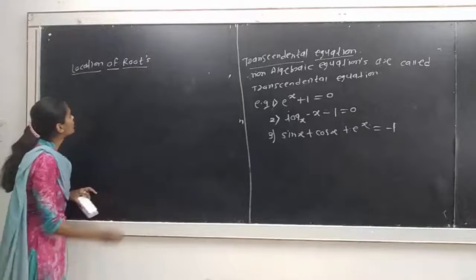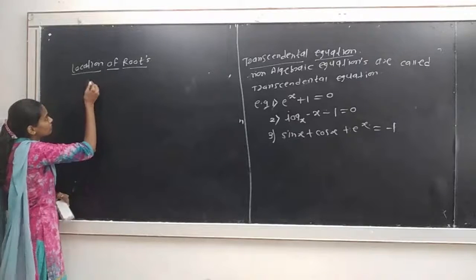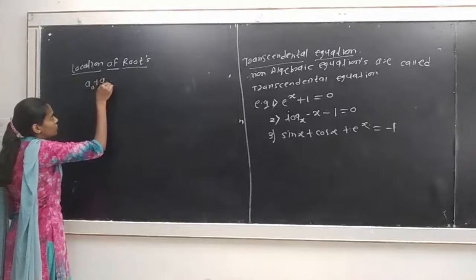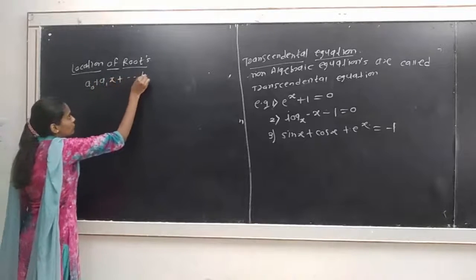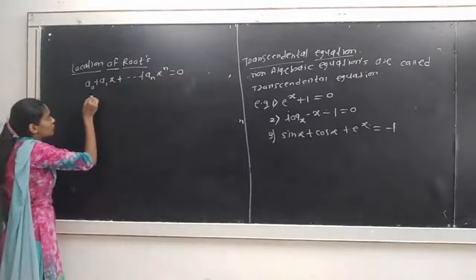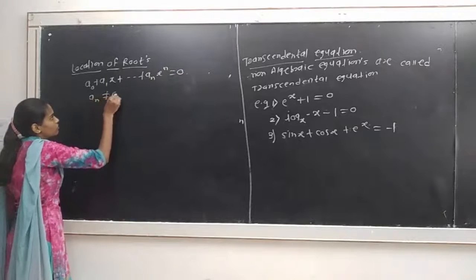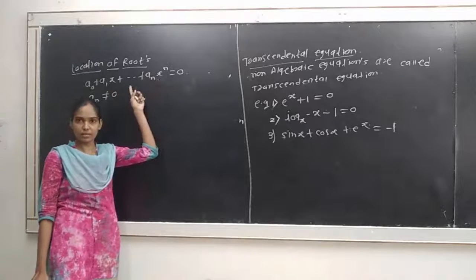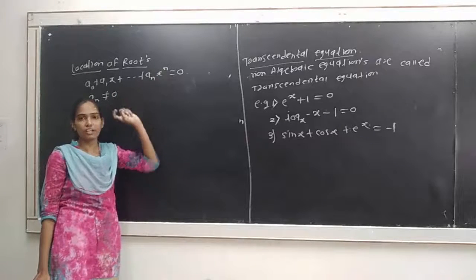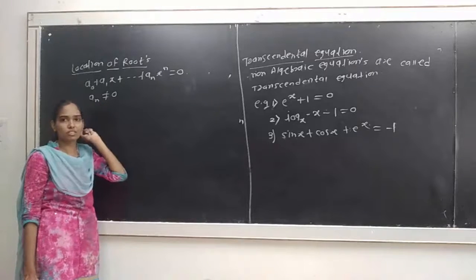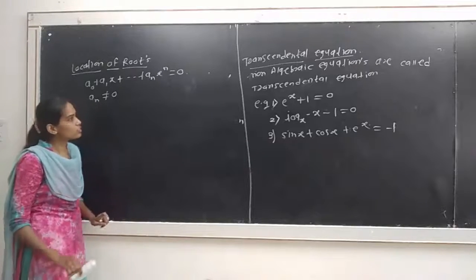Students, we know that if we consider the algebraic equation, that is the polynomial equation a0 plus a1x plus up to an x raised to n is equal to 0, where an is not equal to 0. Here the algebraic equation is of degree n with the highest order term coefficient not equal to 0.